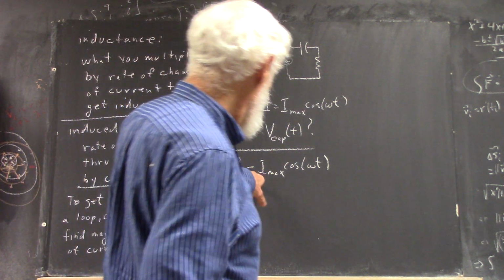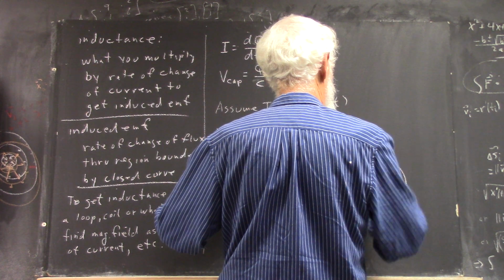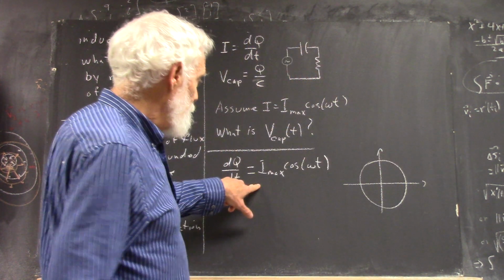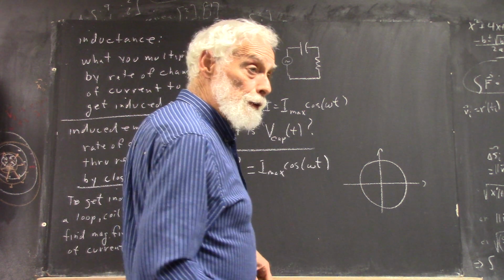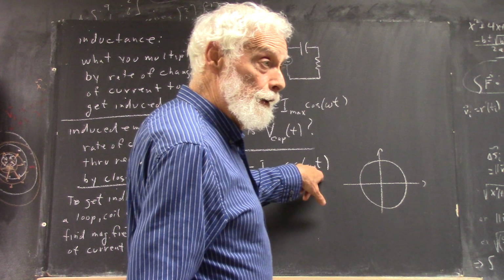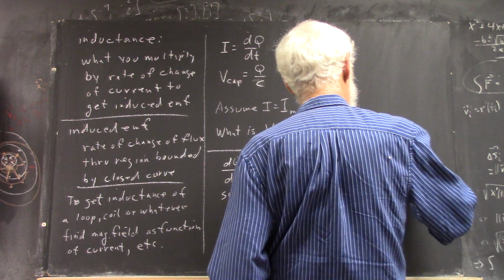Okay? Now, among other things, this means, I should draw my circle first. Okay? This means that you can have a reference circle here, right? With the cosine of omega t represented here.